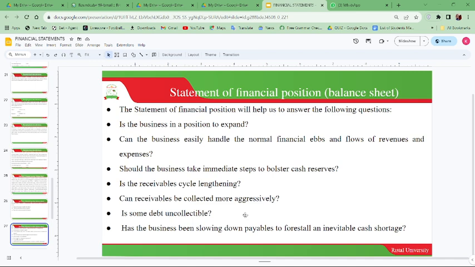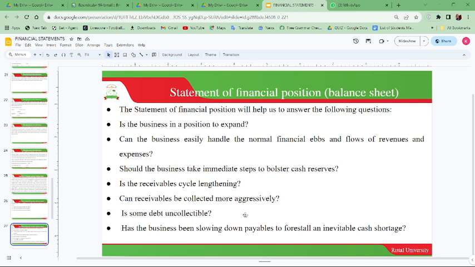Can the business easily handle the normal financial operations and flows of revenue and expenses? Should the business take immediate steps to bolster cash reserves? Is the receivable cycle lengthening?